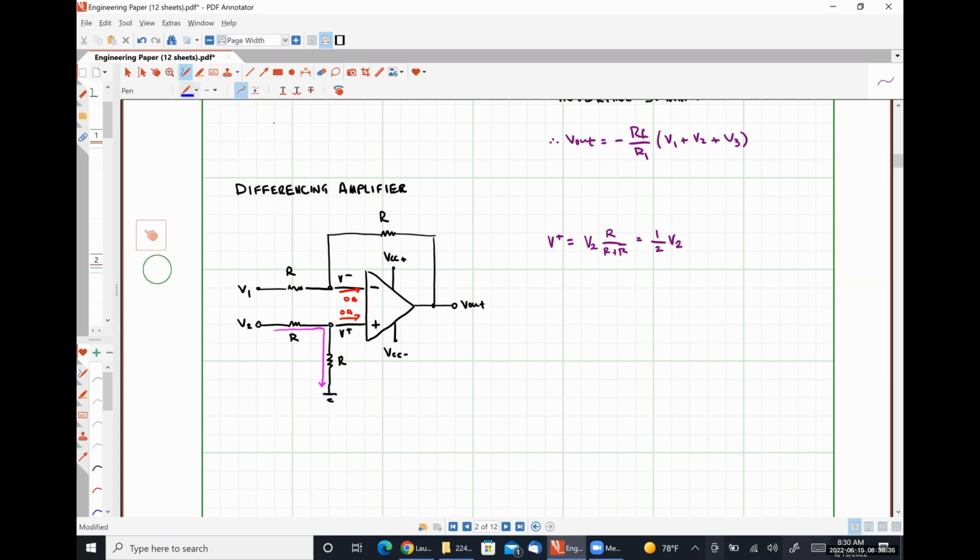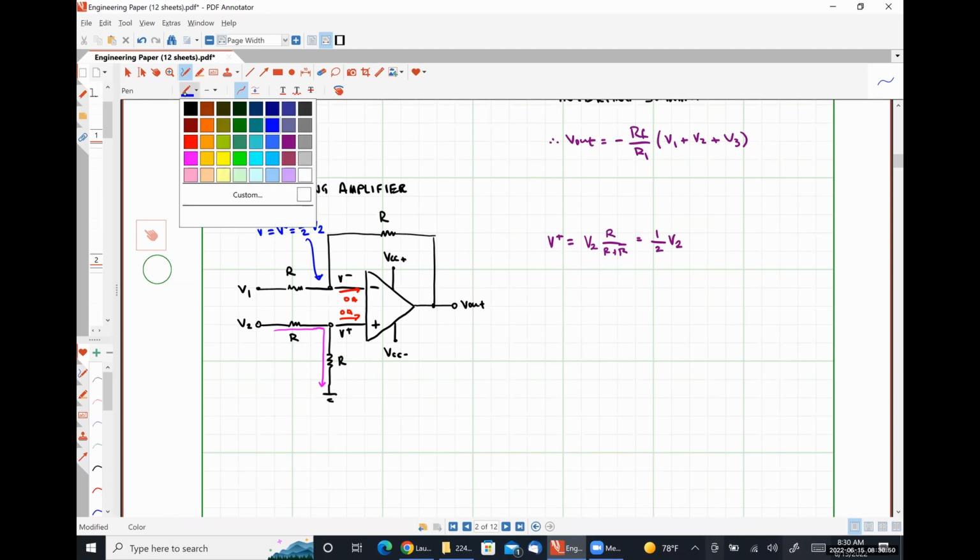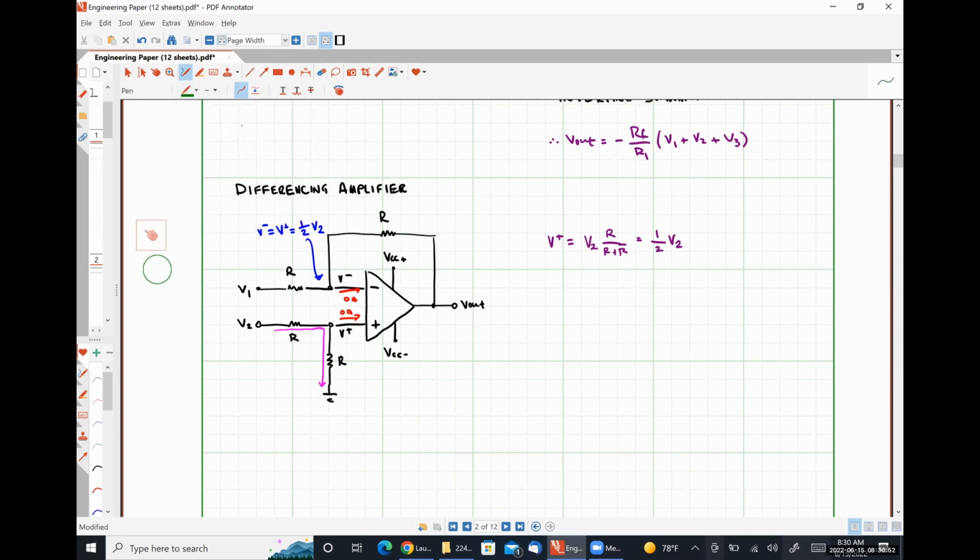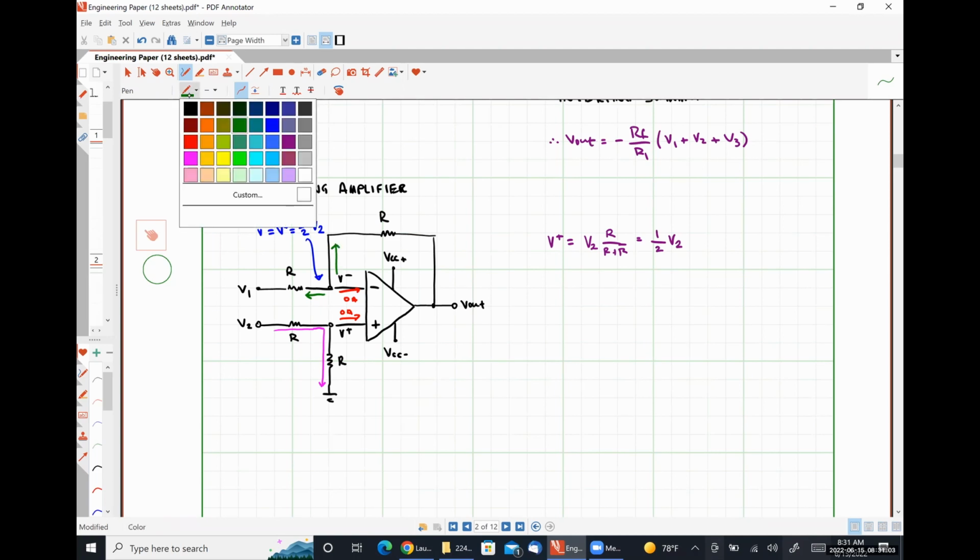Now we're going to apply op amp rule number 2. So our voltage here, V minus, has to be the same as V plus. So this is also a voltage of 1/2 V2. And now we're going to apply Kirchhoff's current law at our inverting input terminal. So we're going to be adding this current together plus this current together and setting them equal to 0.